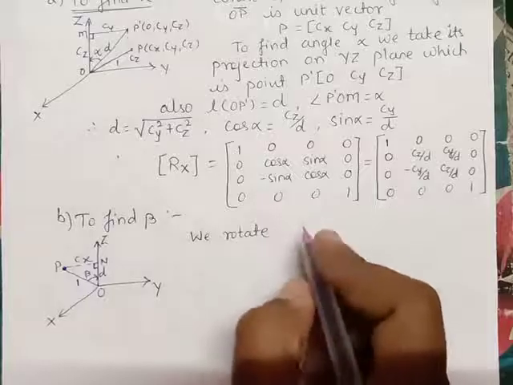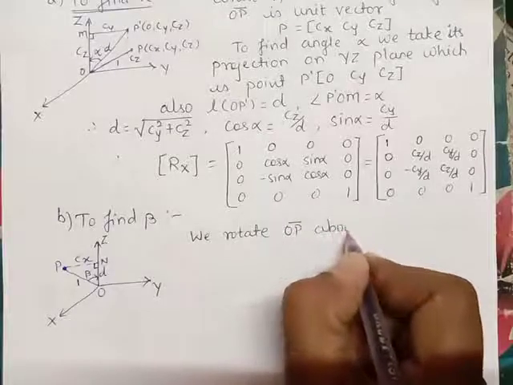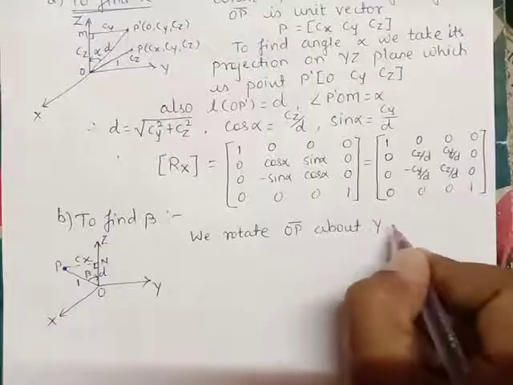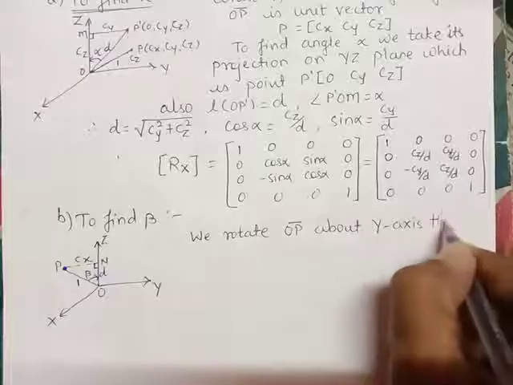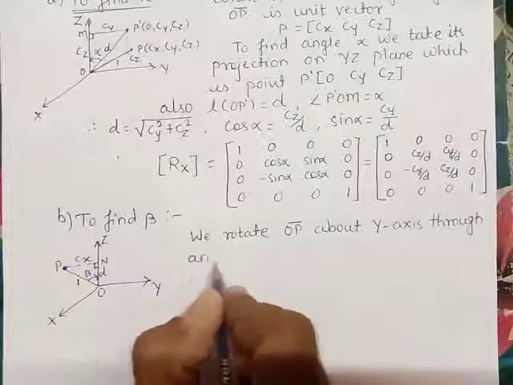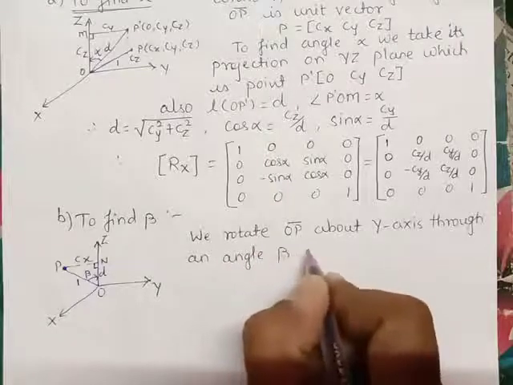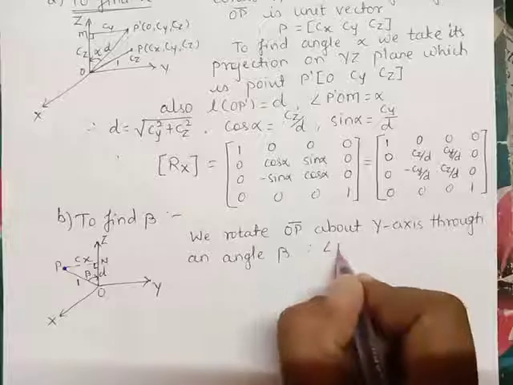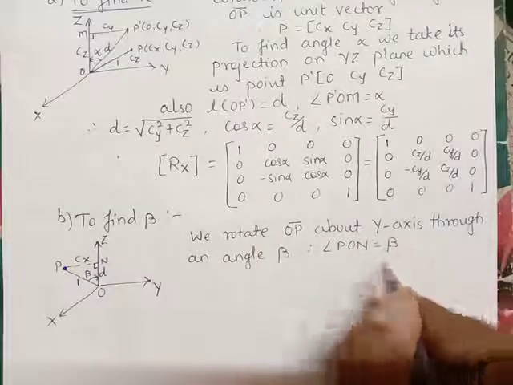So we rotate OP bar about the y-axis through an angle beta. Therefore, angle PON is what? Beta. Okay.